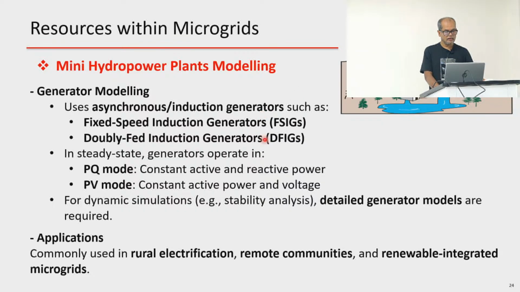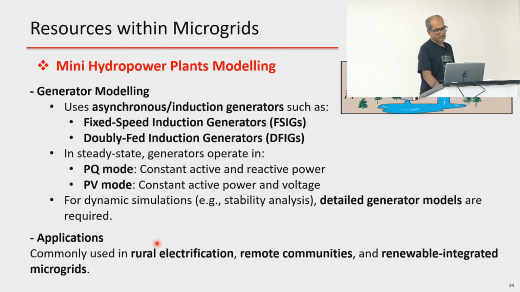For steady state modeling, you can use constant power and voltage, or even constant active and reactive power. You can model in this mode, but if you want to study frequency transient instability in a microgrid where you might have hydrogen plus mini hydro, then definitely we need the detailed dynamic simulation model as well.